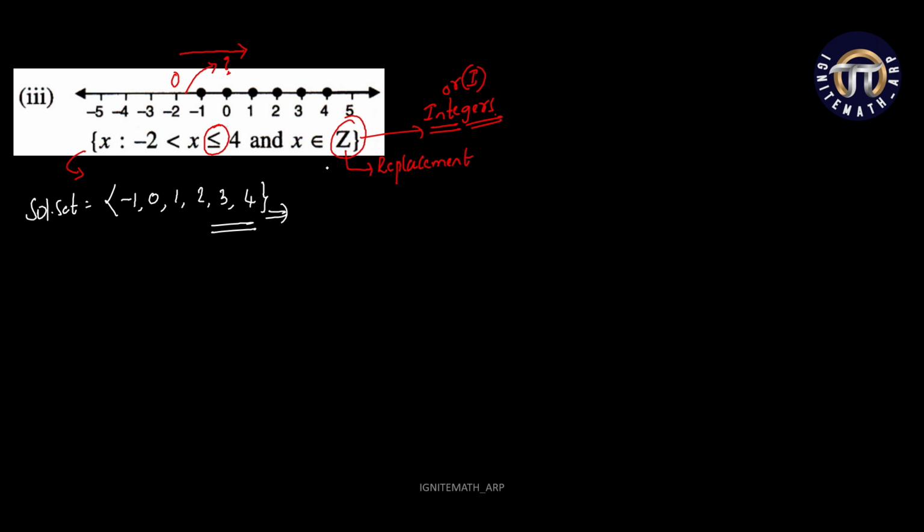Since the replacement set is the set of integers, I have represented the solution set in roster form or tabular form. Clear, children? So I need to represent only these digits on the number line. That is the reason why only minus 1, 0, 1, 2, 3 and 4 are darkened.